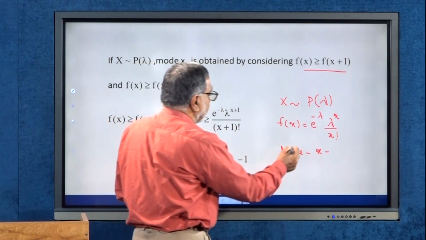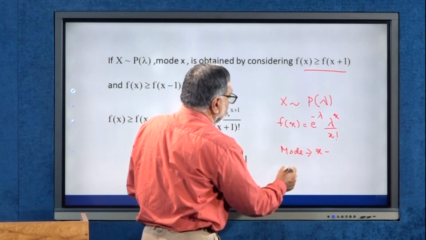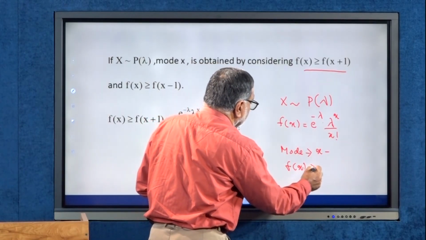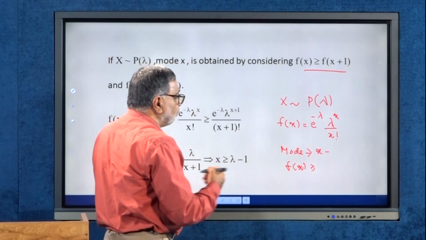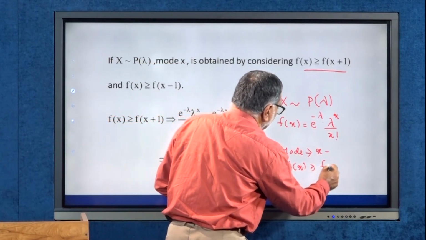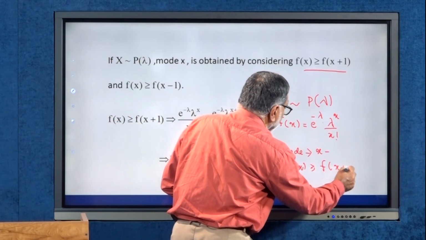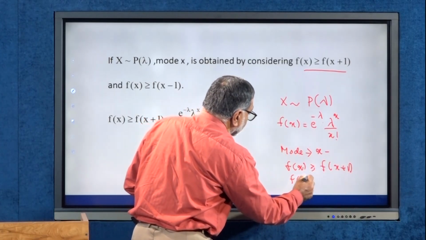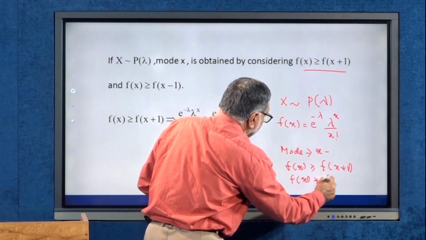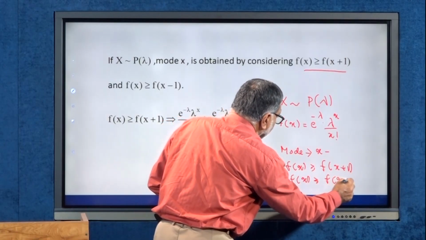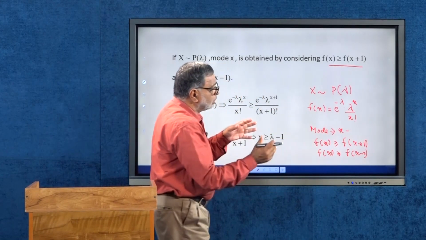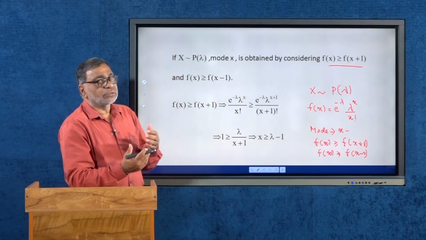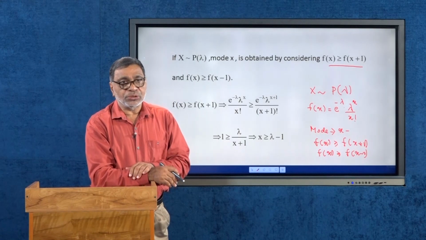Then we identify these two inequalities, f of x greater than or equal to f of x plus 1 and f of x greater than or equal to f of x minus 1. You simplify these two inequalities, and combining them, we have the value of the mode of the distribution.